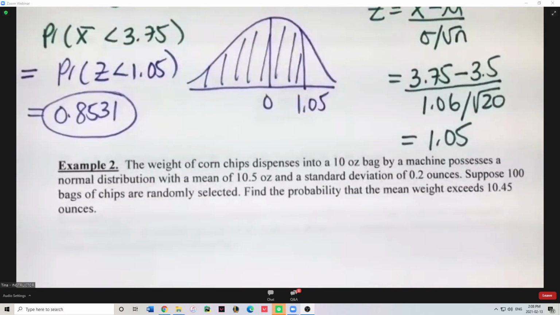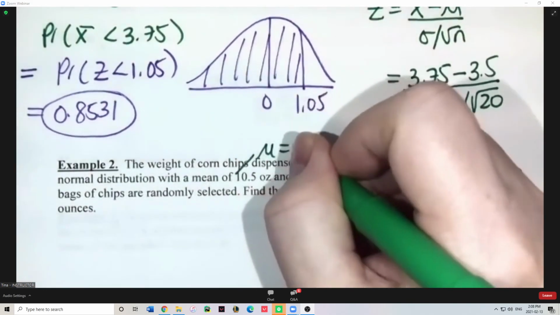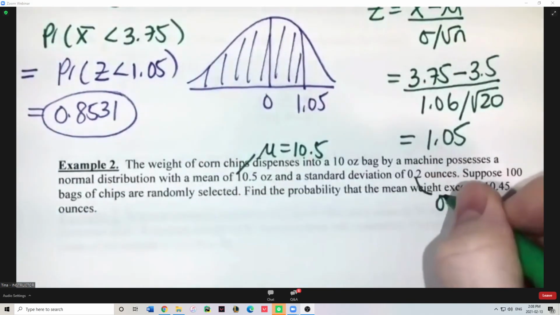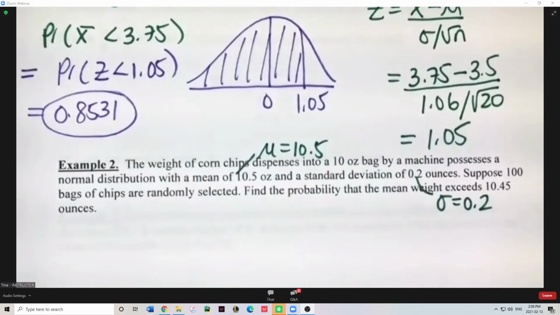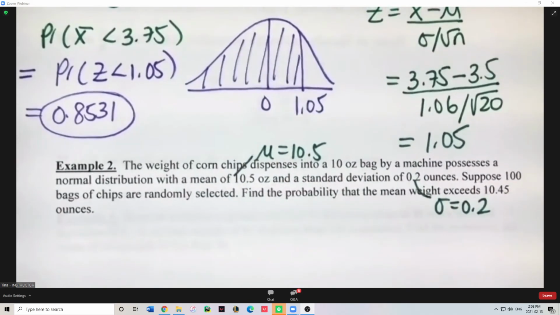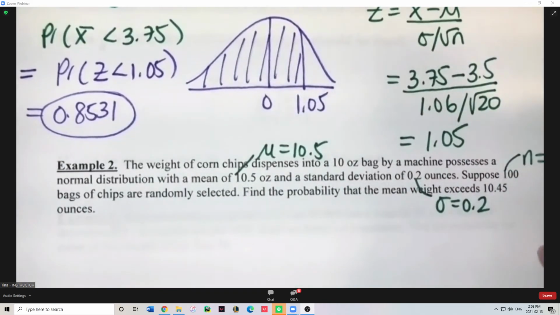Okay, the weight of corn chips dispensed into a 10-ounce bag by a machine possesses a normal distribution, with a mean 10.5 and a standard deviation 0.2. Suppose 100 bags of chips are randomly selected. So that's our n.